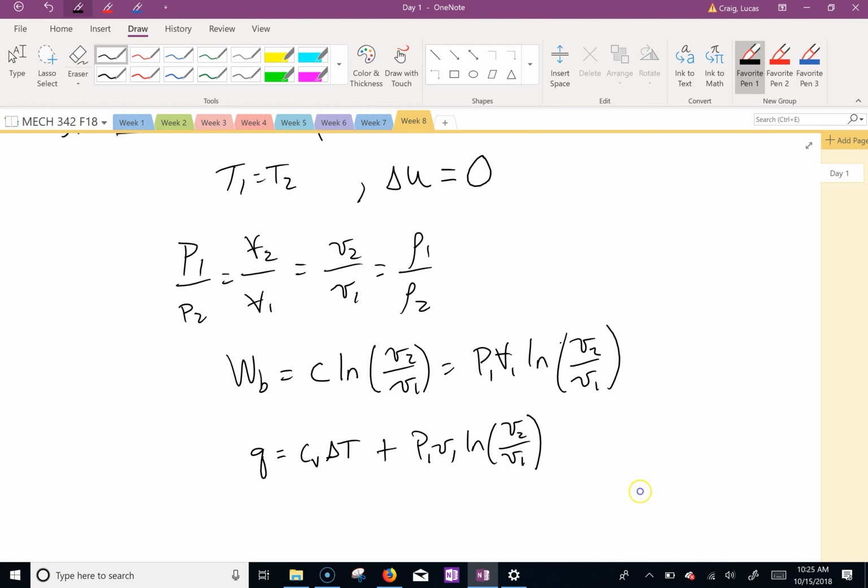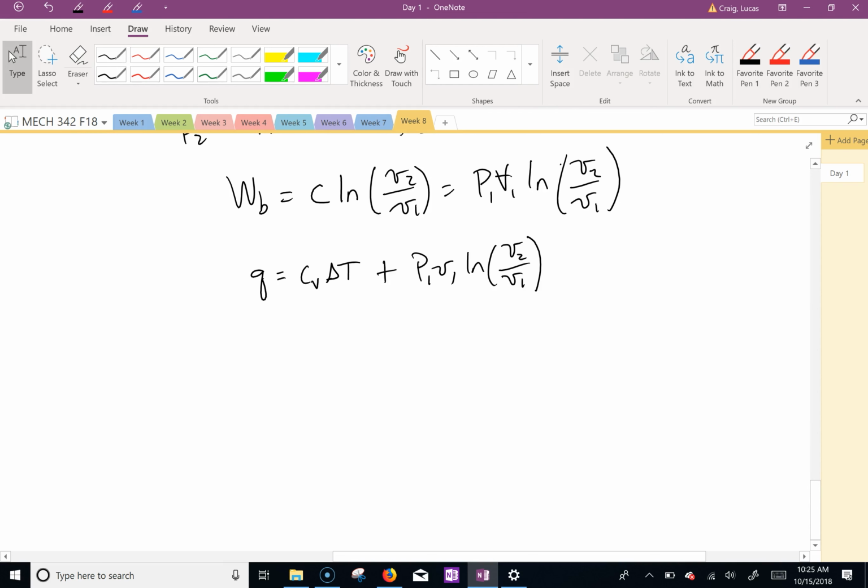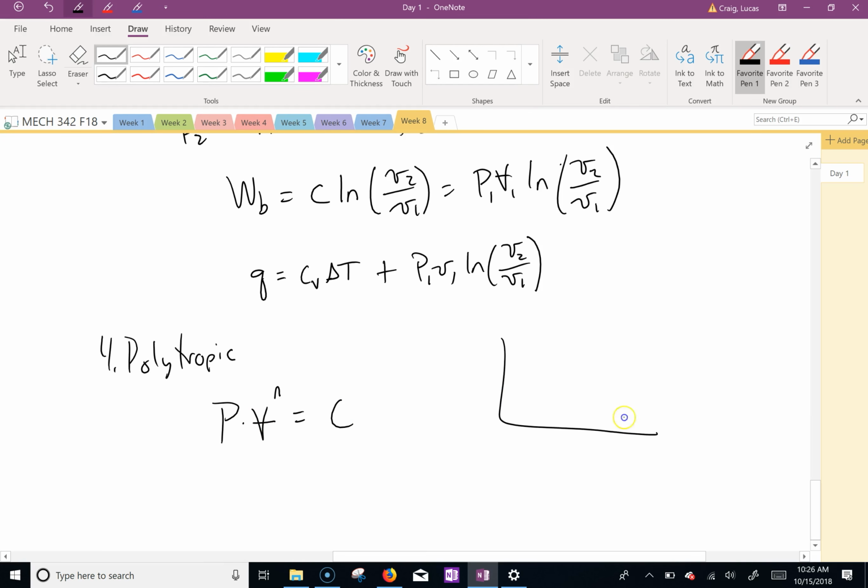The last one is polytropic. We're on 4, I think. Polytropic. And what does polytropic mean? P times V raised to the n is the constant. And if you looked at a graph, it'd be something like that.